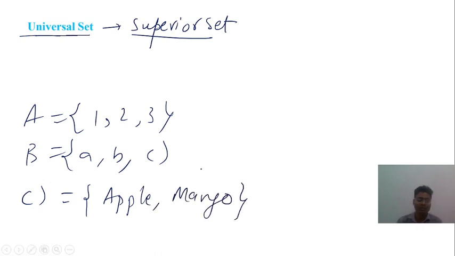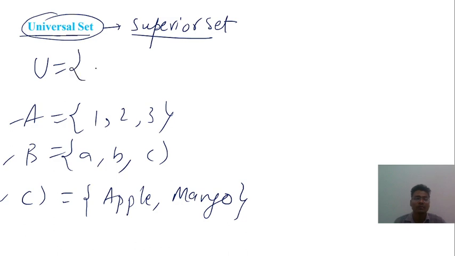So we will have to make such a set, or consider a universal set from where all these elements came from. So I will make U as maybe 1, 2, 3, 4, 5, or much greater than this.